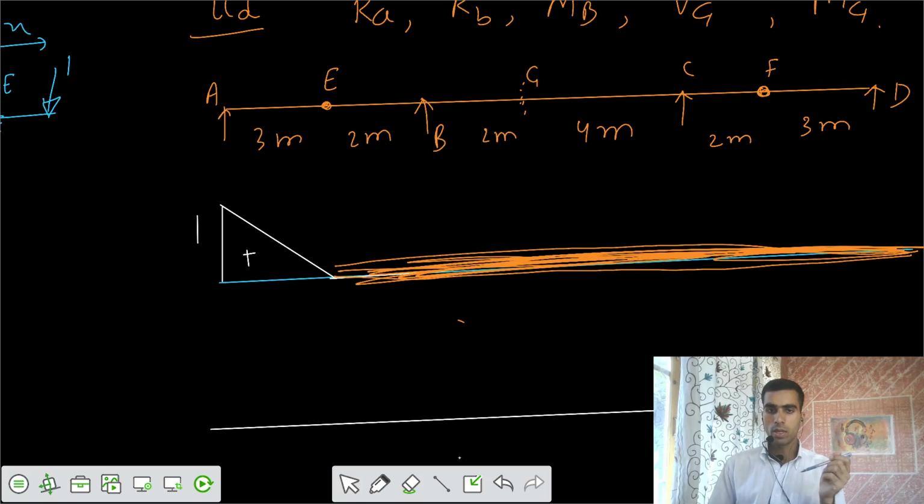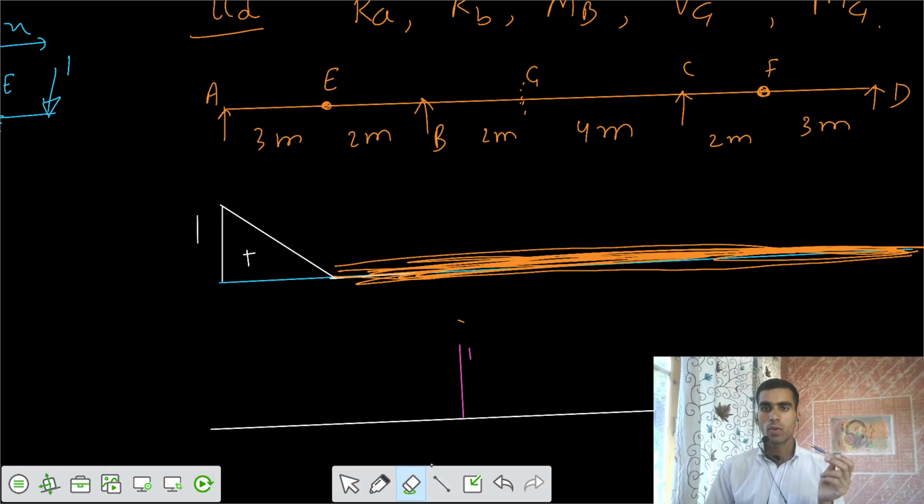If I remove that support, then I apply a unit displacement. I apply a unit displacement upwards, a unit of 1, at that support B.